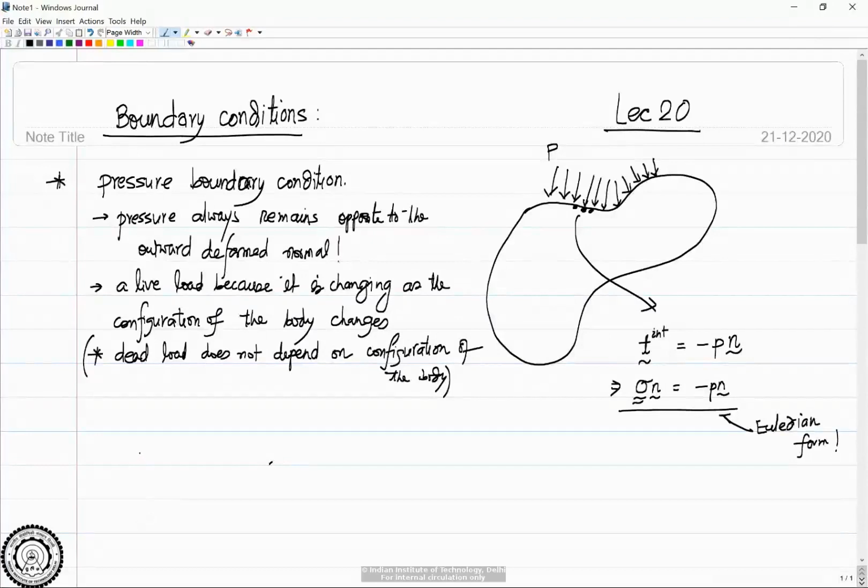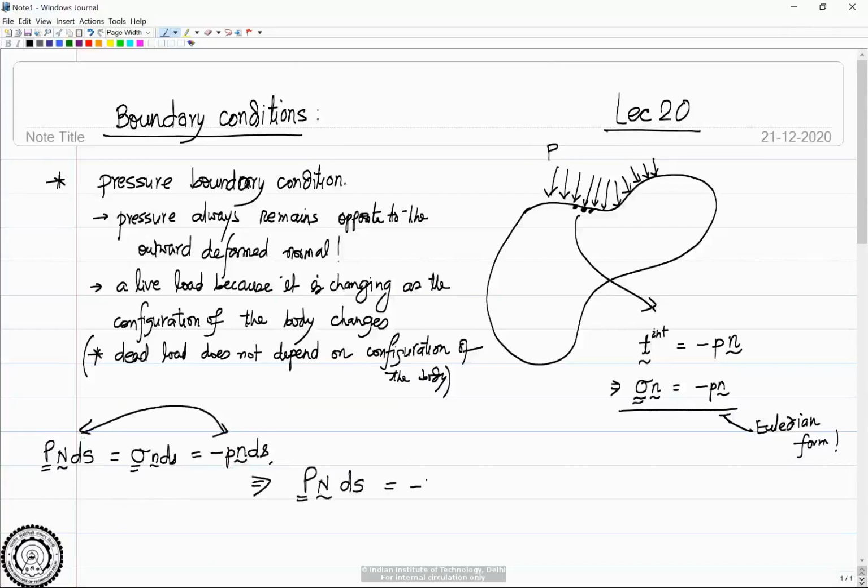So we know that sigma small n d small s is equal to P, the Lagrangian or the first Piola-Kirchhoff stress tensor, into big N into D capital S, and this is already prescribed to be equal to minus p small n, and then you have to multiply by D small s, right? So when you look at these two, you can say that P into capital N into D capital S is minus p into small n into D small s.